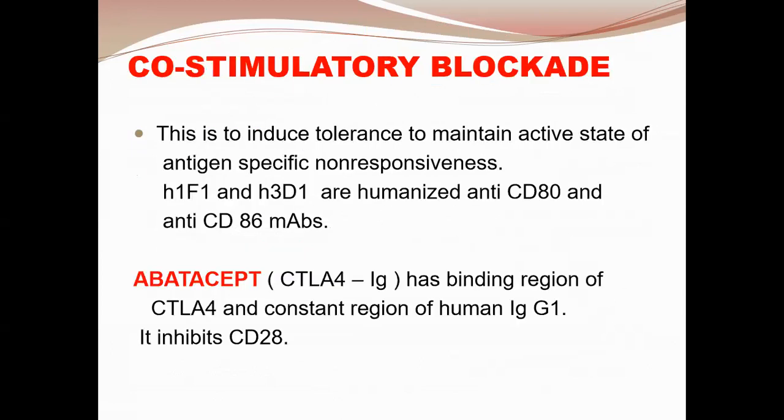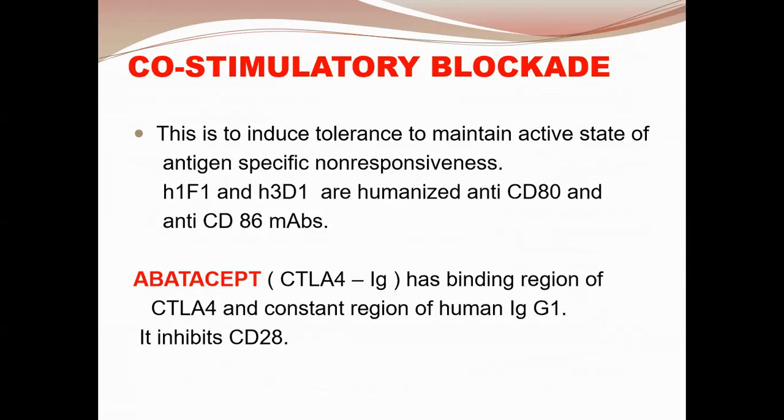Then we have another entity which is called co-stimulatory blockade. So what is this co-stimulatory blockade? This co-stimulatory blockade is to induce tolerance to maintain an active state of antigen specific non-responsiveness, especially H1F1 and H3D1, which are humanized anti-CD80 and anti-CD86 murine antibodies.